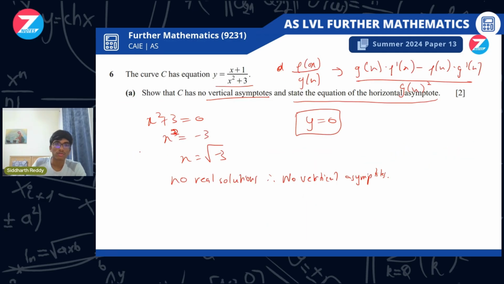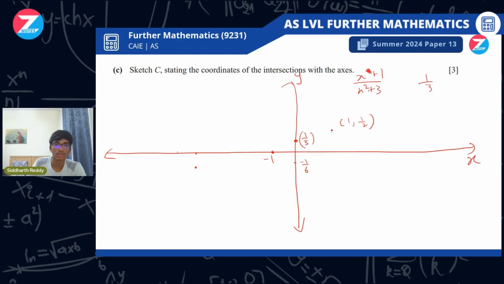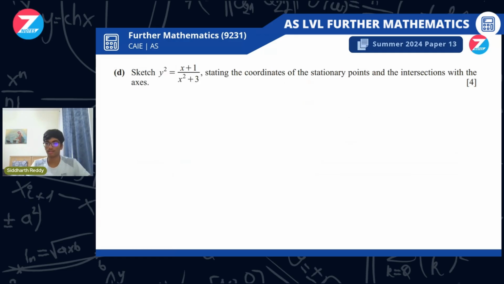And also y is equal to 0 is an asymptote. So it will look something like this. It will never actually touch the line, but that's how it will look. So you can also plot it on a table in your calculator and just give a rough sketch.